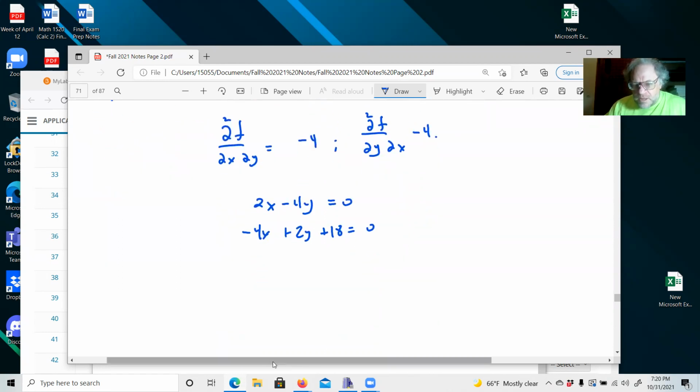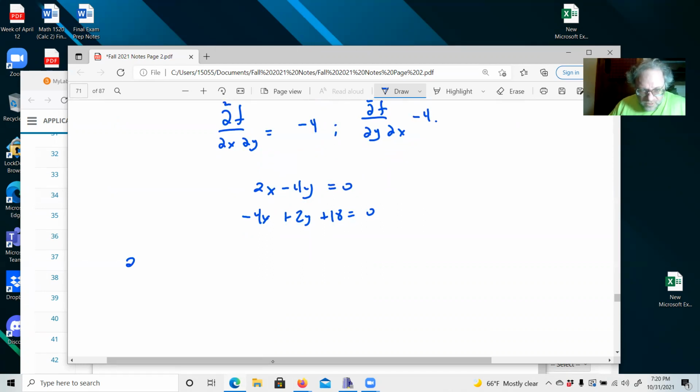So we're going to say that this is 2x minus 4y equals 0, and -4x plus 2y equals -18. We have to solve this as a system of equations.